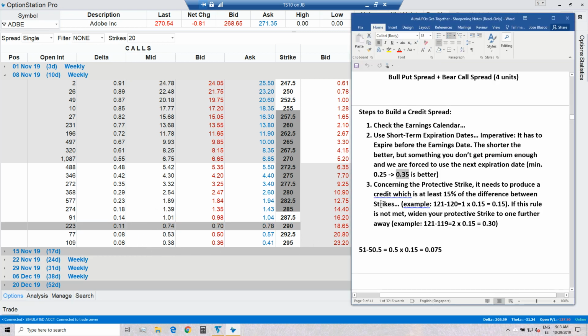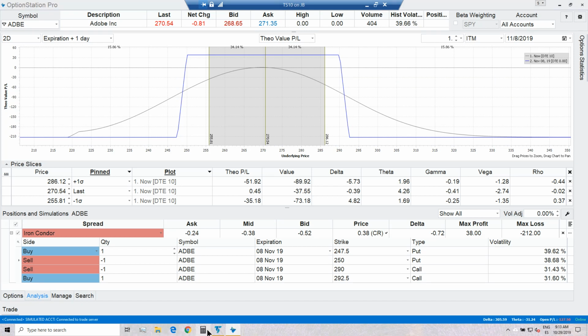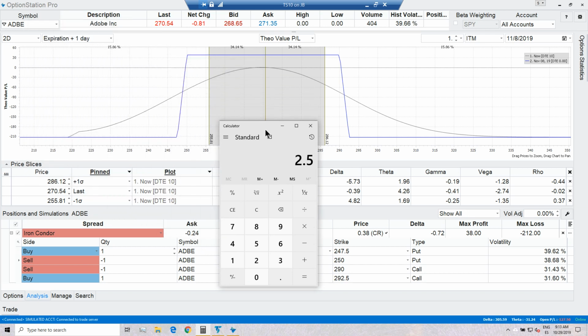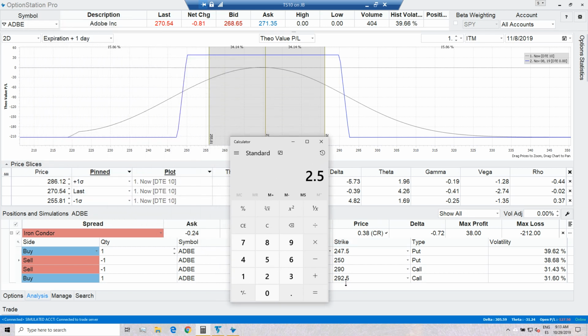Okay. And with that, now what we want to make sure is that the credit collected is at least 15% of the difference between strikes, which represents our risk. The difference between strikes, really, is quite simple. It's $2.5, isn't it? Which is the difference between 292.5 and 290, or 247.5 and 250.